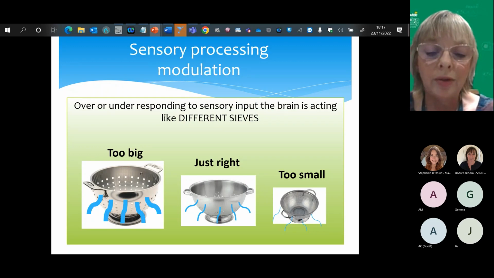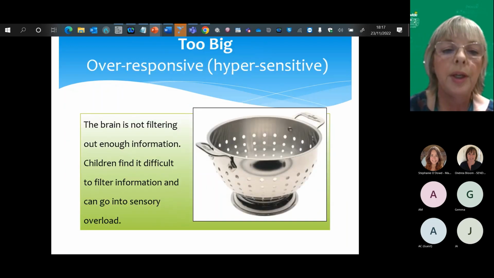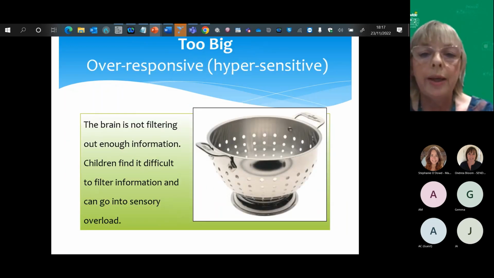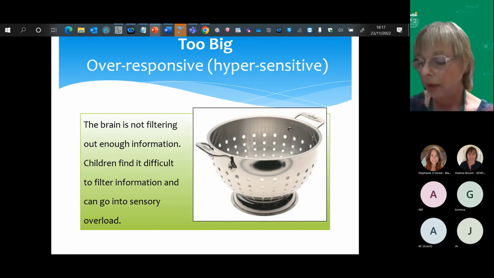Or in an ideal world, the holes are just the right size and the information is processed in just the right way. So if the holes are too big, then we call this hypersensitivity, and the brain isn't filtering out enough information. Children find it difficult to filter information and they can go into sensory overload.